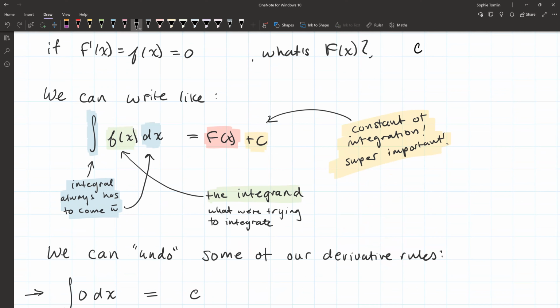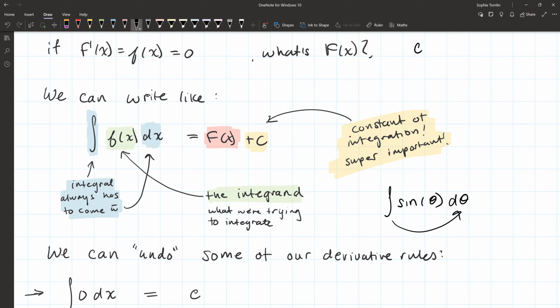So when we write out an integral, we start with the integral sign here. And then at the end, we always have this dx, or d whatever variable we're integrating with respect to. So if we had a function like sine theta, the variable we're integrating with respect to is going to be theta, so we have d theta at the end.